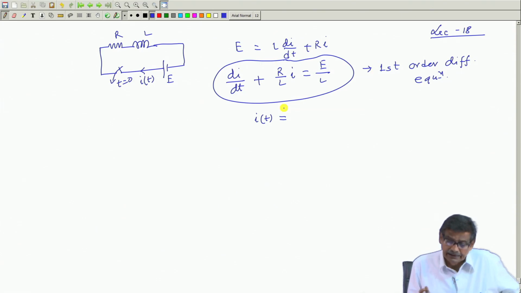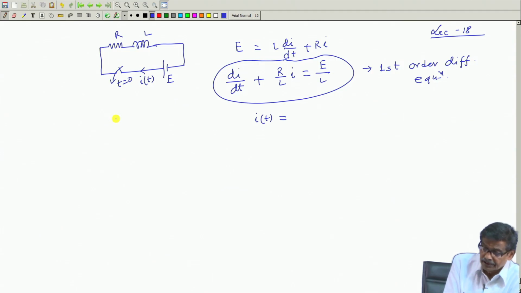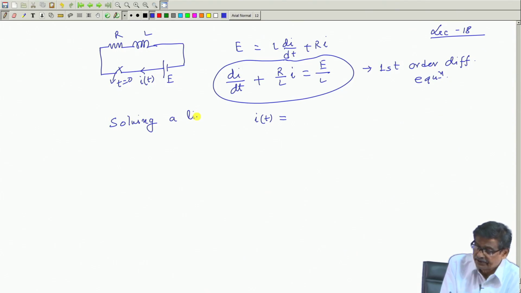So, first let us take solving a linear differential equation.